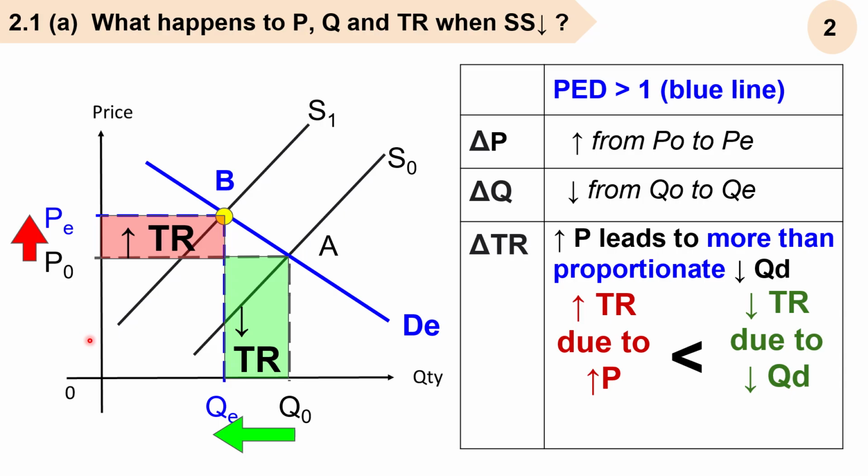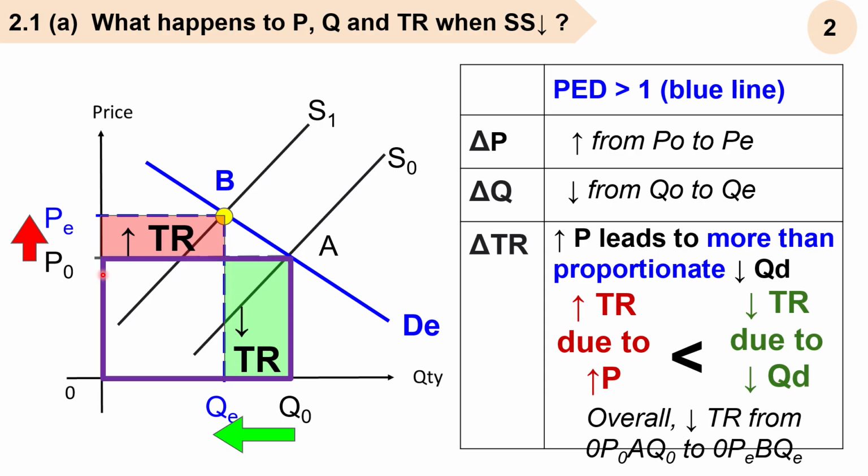PE times QE, yeah? So you're referring to rectangle 0, PE, B, and then QE. And that's correct, okay? So overall, there is a fall in total revenue from the initial total revenue, which is depicted by the purple box, to the final total revenue, which is depicted by this yellowish green box.